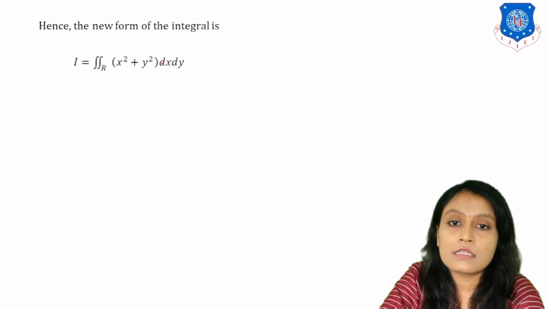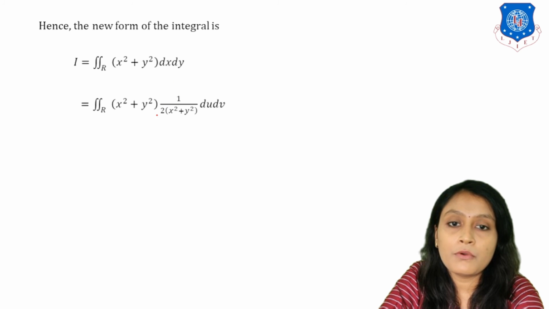So you will get this new integration as the double integral over region R' of (x² + y²), and J is 1/(2(x² + y²)) du dv. This x² + y² will get cancelled and what remains is 1/2, which we will take outside of the integration, with the limits of v from 2 to 4 and limits of u from 1 to 9, du dv.